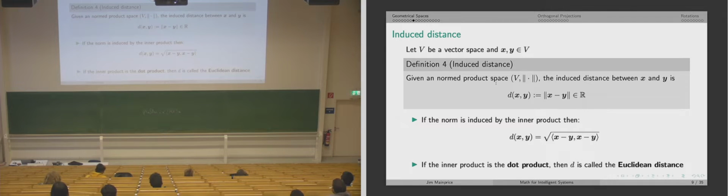So in Euclidean space, if the inner product is the dot product, then d is called the Euclidean distance. That's the typical distance that you're used to working with in R2, R3. You first subtract the two vectors, and then you apply the dot product and take the square root.